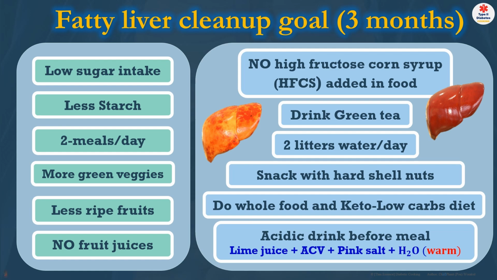So I came up with a routine. This is the approach that I'm going to use. I'm going to do low sugar intake, less starch because starch turns to sugar, eat 2 meals a day, eat more veggies, less ripe fruit because fruit has a lot of sugar, and no fruit juice. That's what I came up with.